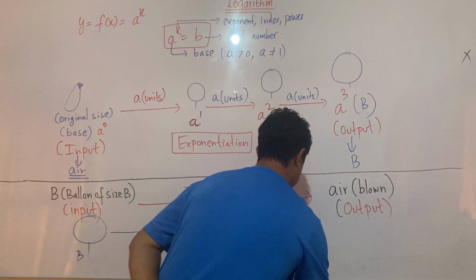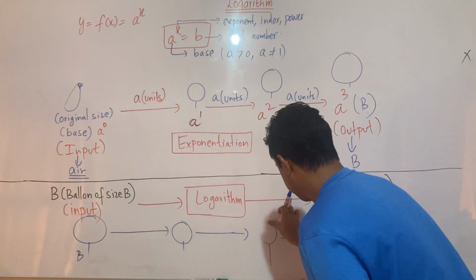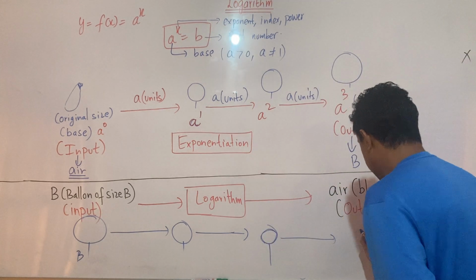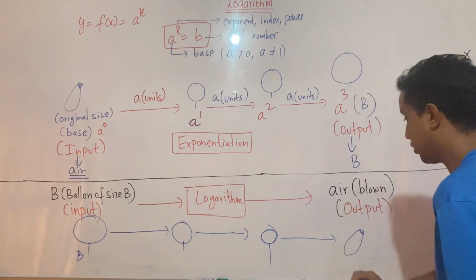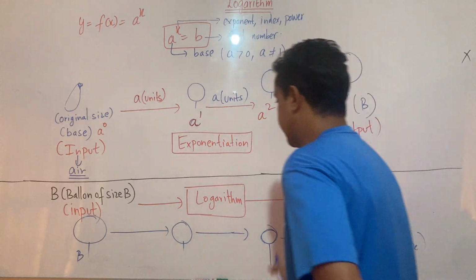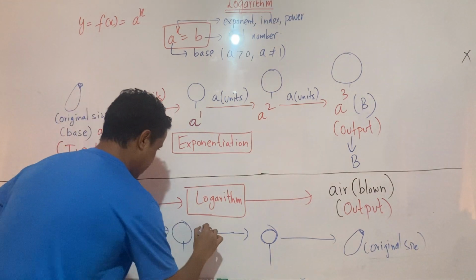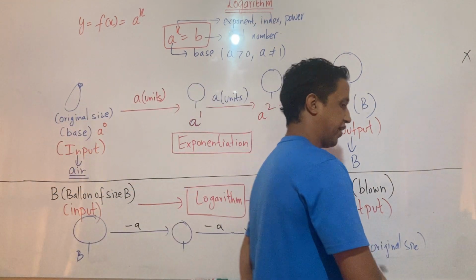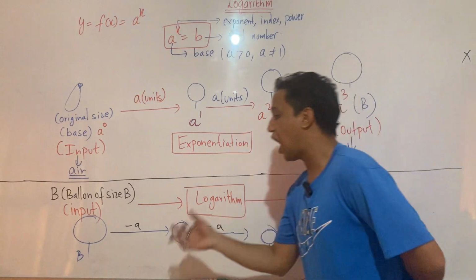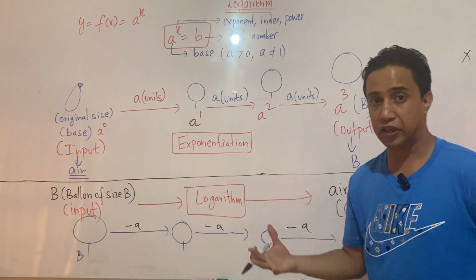Okay, and here the output would be here. This is going to be smaller, and here it will return to the original size. So what you did is minus a, minus a, minus a, and the original size, meaning you are going back in time to calculate how many units of air you had blown.